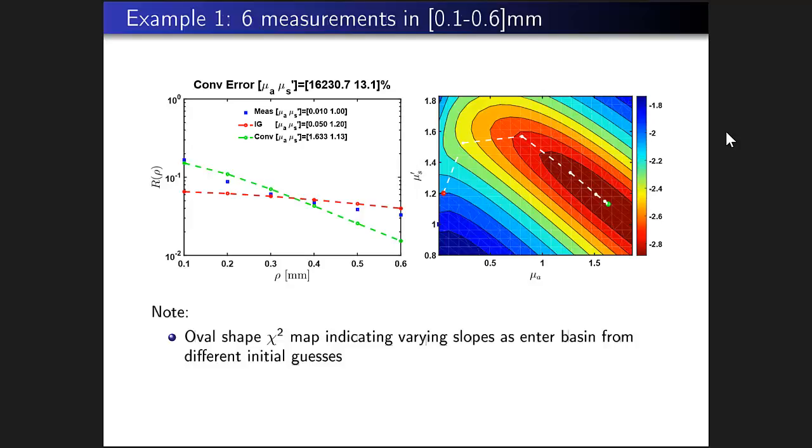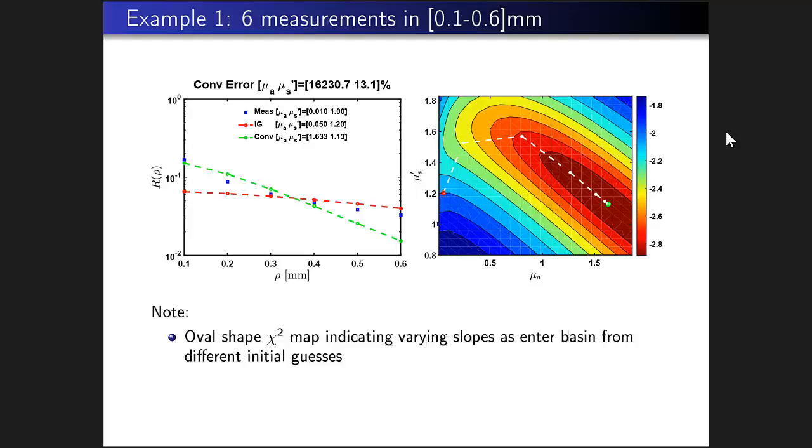And if you look at chi-squared space, here's your mu a, mu s prime. These are iso curves of constant chi-squared. Here's where it started with the initial guess, and here's the path through chi-squared to the converged value. It's hard to see, but there's a blue dot here representing the chi-squared value at the measured.